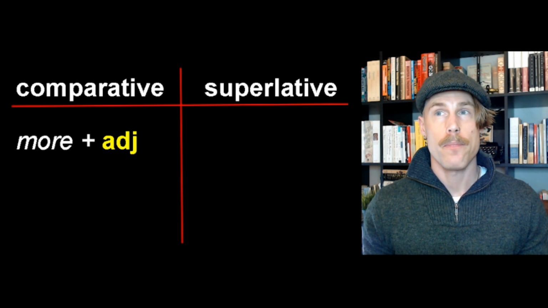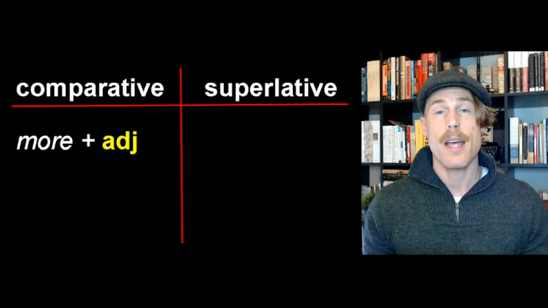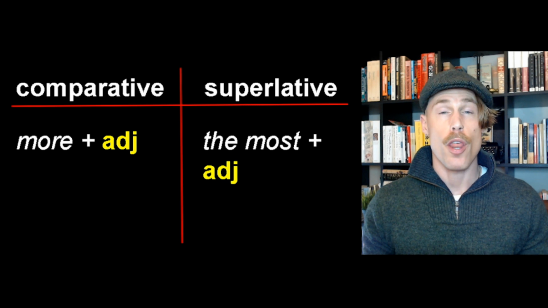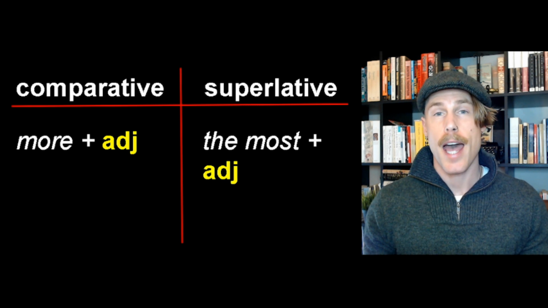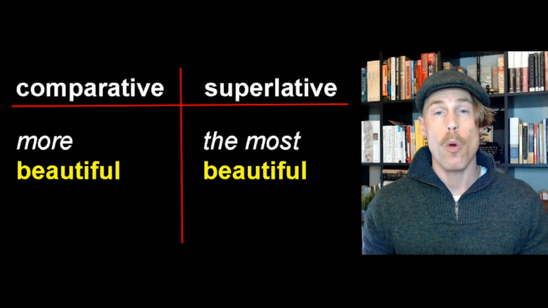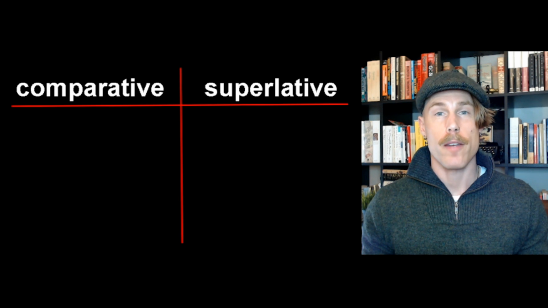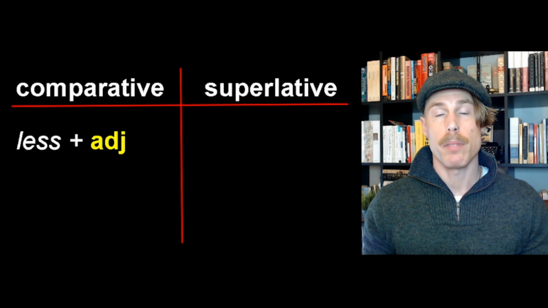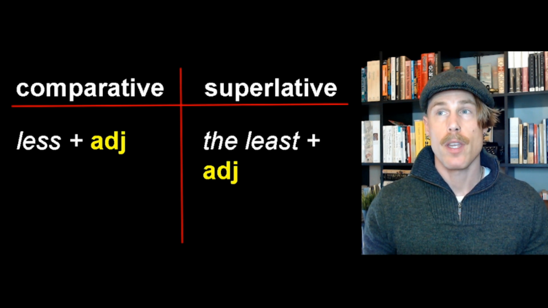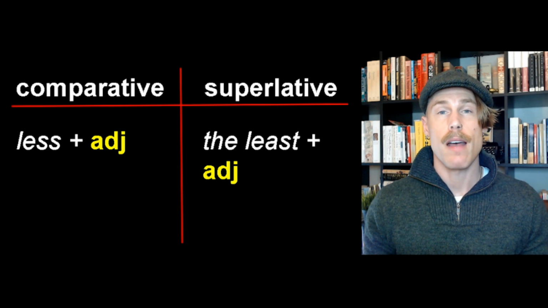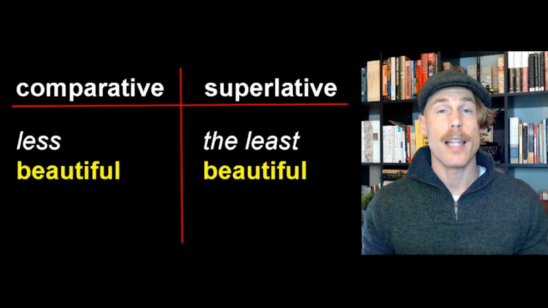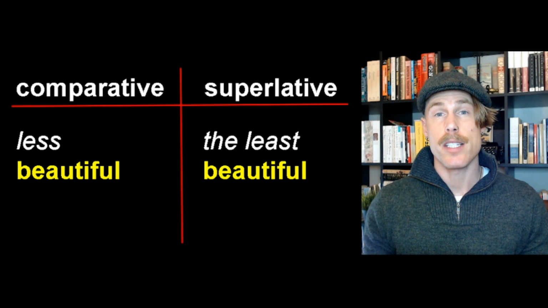Next one, more plus adjective, the most plus adjective: more beautiful, the most beautiful. Next one, less plus adjective, the least plus adjective: less beautiful, the least beautiful.